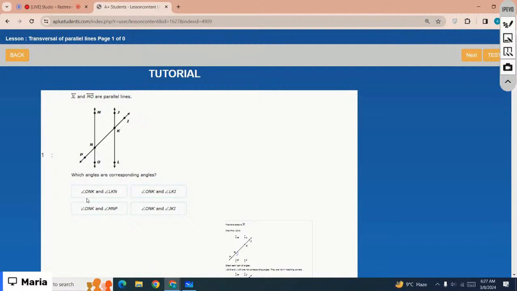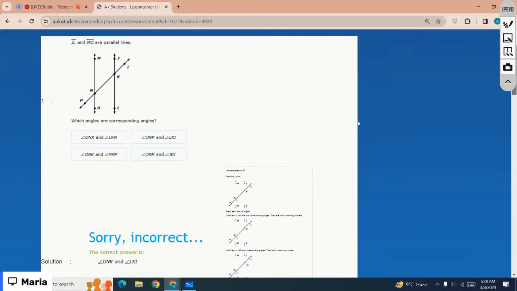ONK and LKN, ONK and LKI, ONK and MNP. ONK and LKI are the corresponding angles.